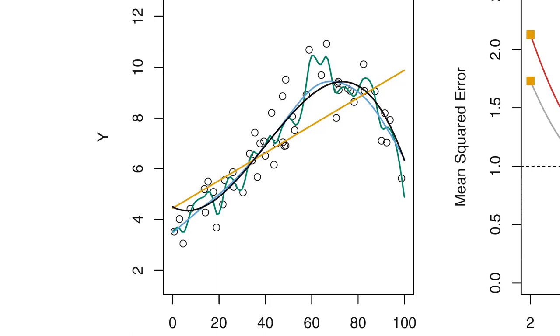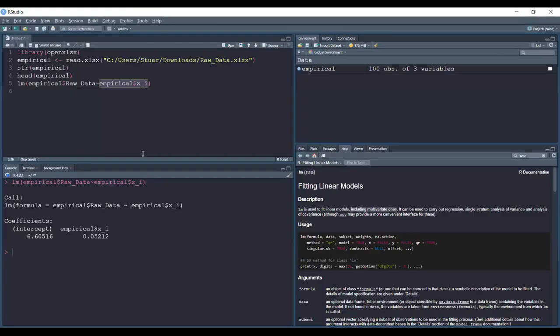Now, how are we going to rank these models? One way of doing so is by calculating the mean squared error, because we want to reduce the mean squared error. And this is what we've been doing today.